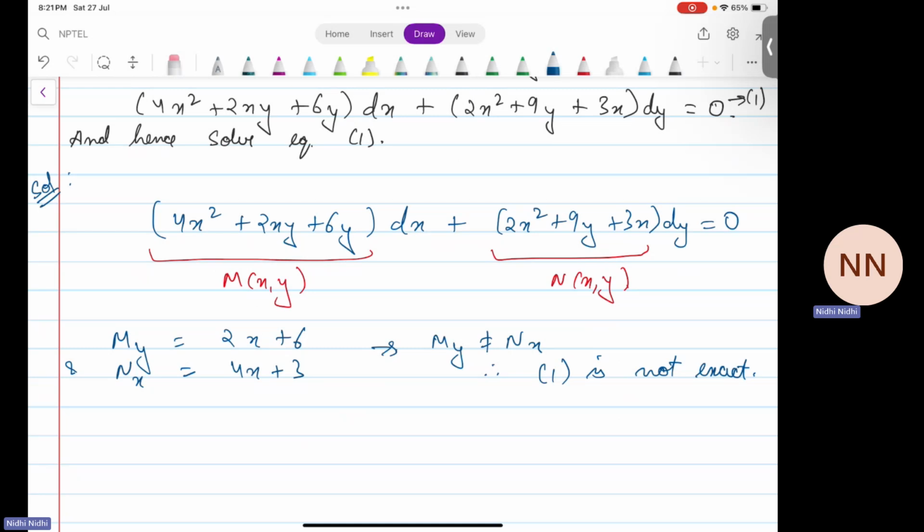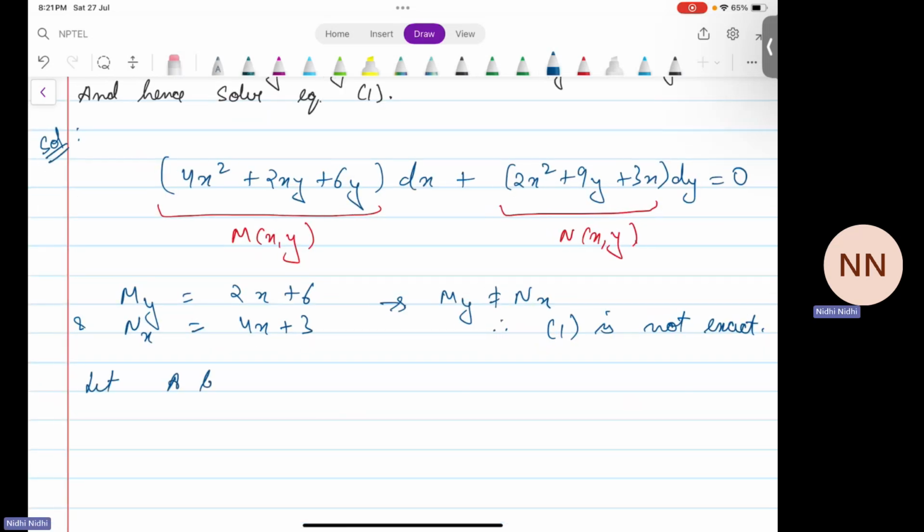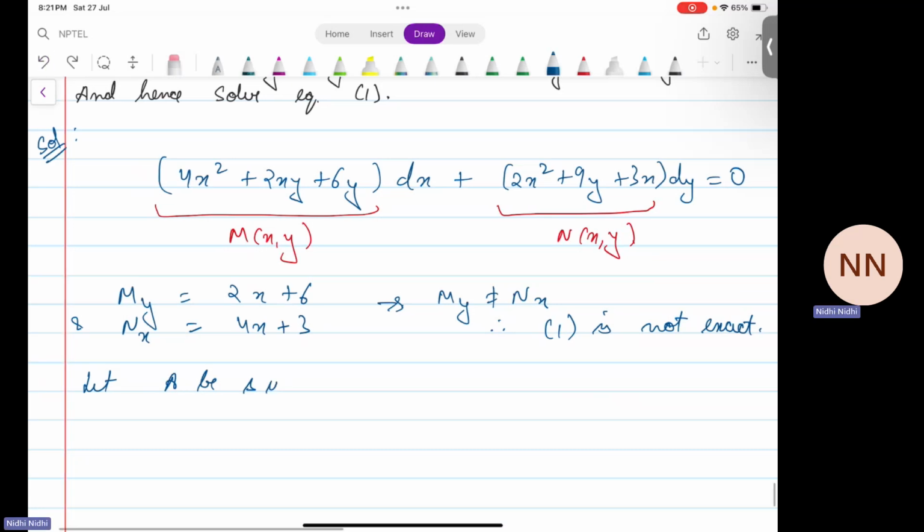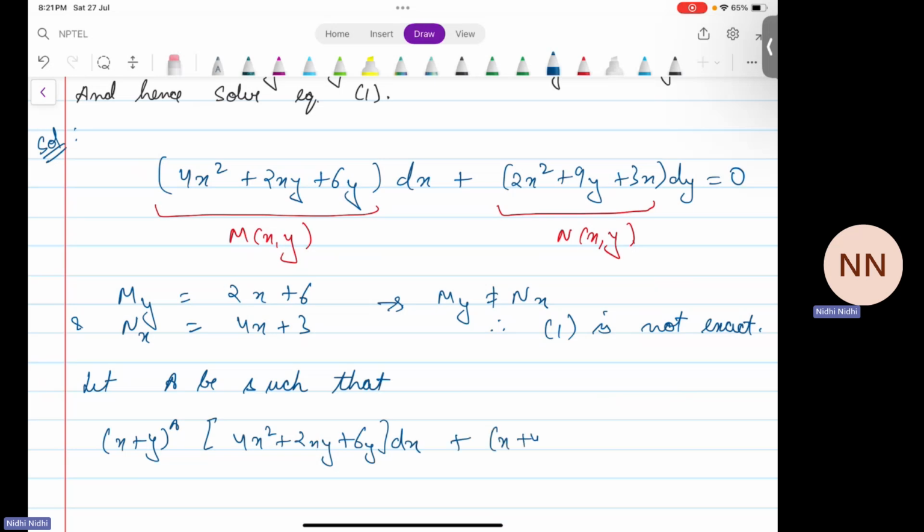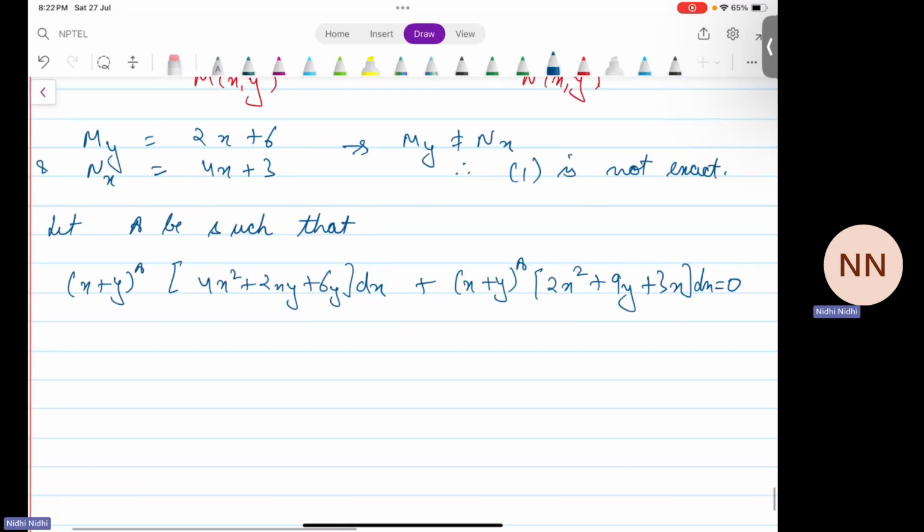Now let's assume a is such that, after multiplying the equation with (x plus y) to the power a, (4x square plus 2xy plus 6y)(x plus y)^a dx plus (x plus y)^a (2x square plus 9y plus 3x) dy is equal to 0, is exact.